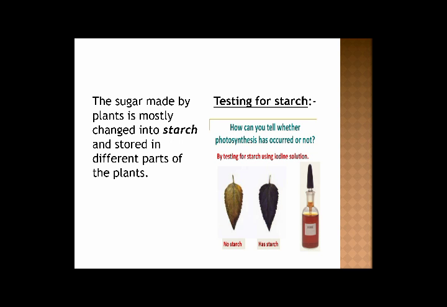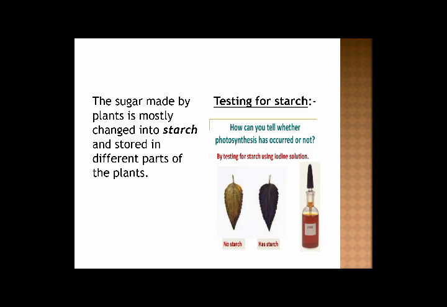We can easily test for starch. In front of you on your screen, there is a small test for starch, as well as it is also present on page number 58 in your book. How can you test the starch?